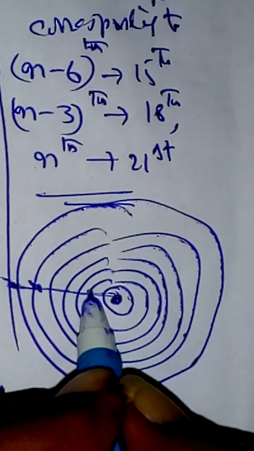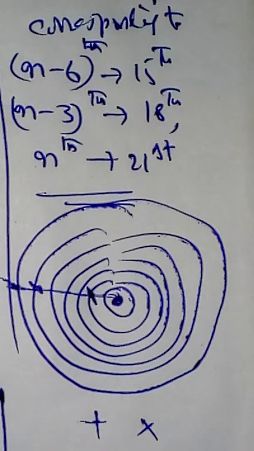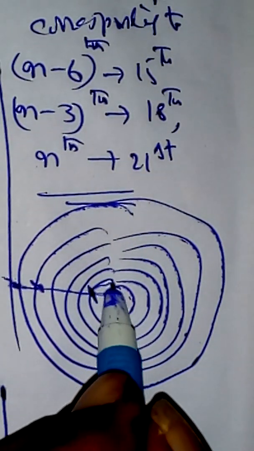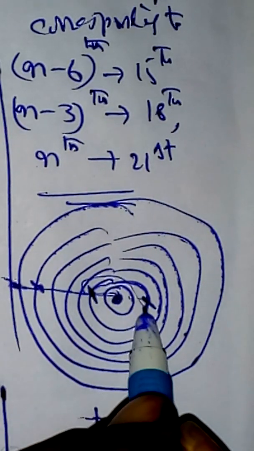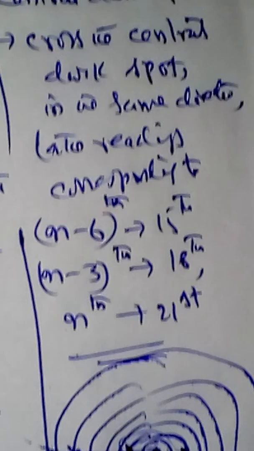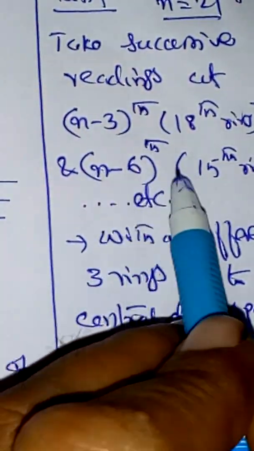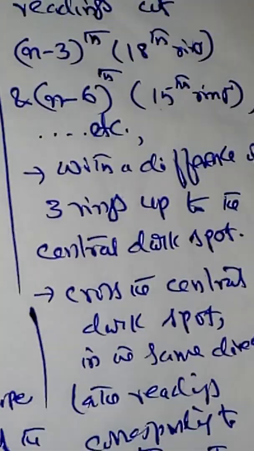So let us say this is the ninth ring. Now when you come to the other side, this is the other side of the diameter for the same ninth ring. So here, if you see, earlier it started from n minus 3, n minus 6, n minus 9, like that. Now it becomes the reverse order.